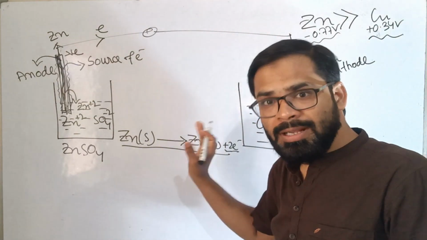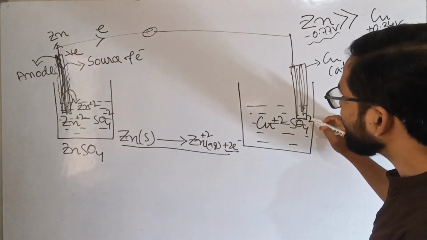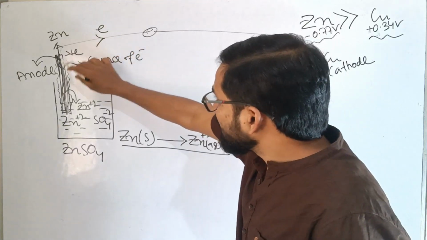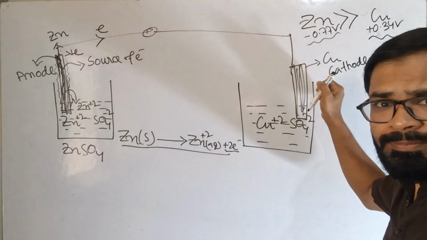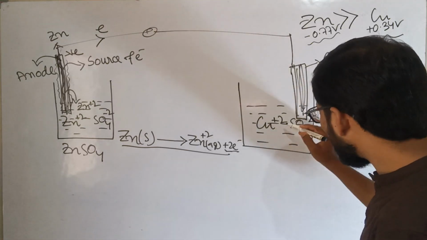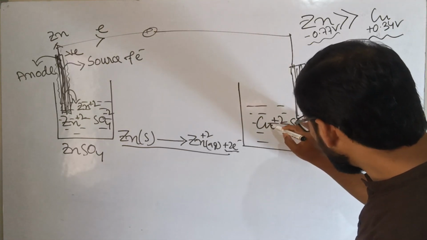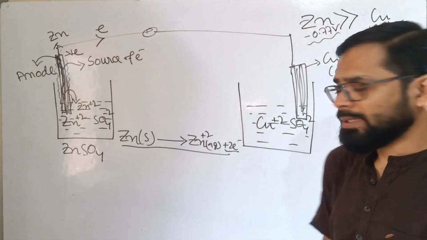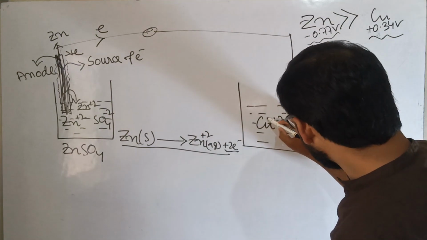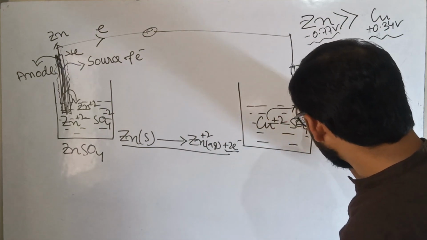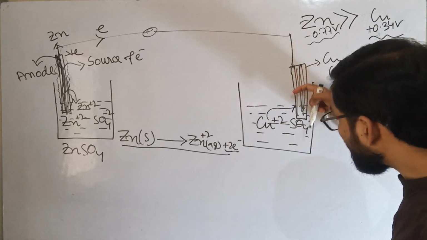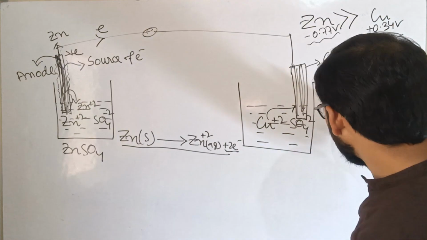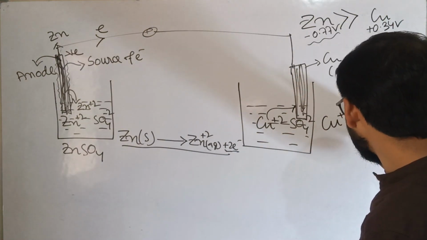The observation is the flow of electrons from zinc to the copper electrode. So Cu+2 ions will get reduced. It means Cu+2 gains 2 electrons from the surface of the electrode and becomes solid Cu.